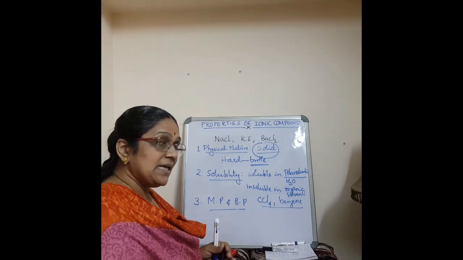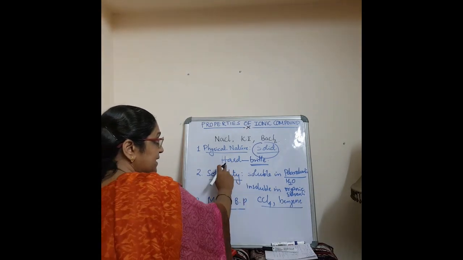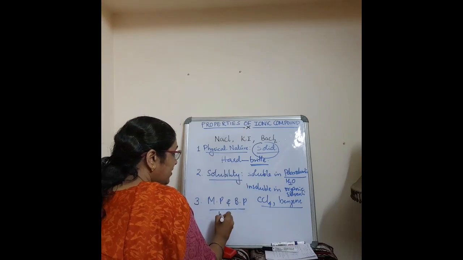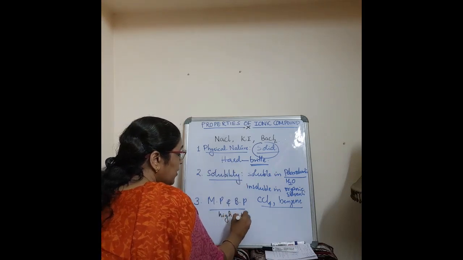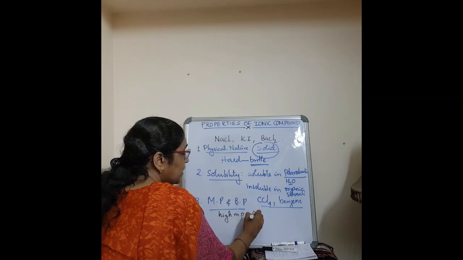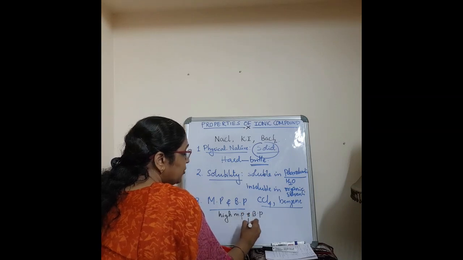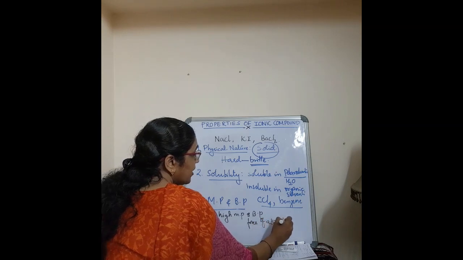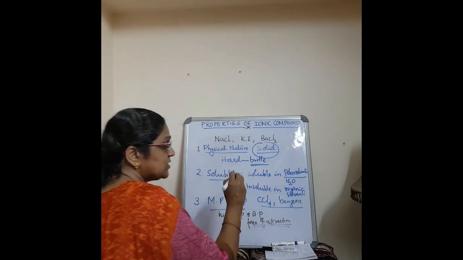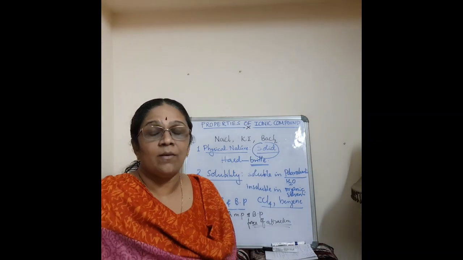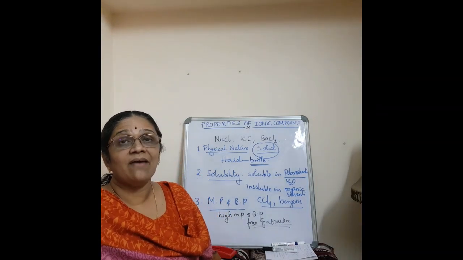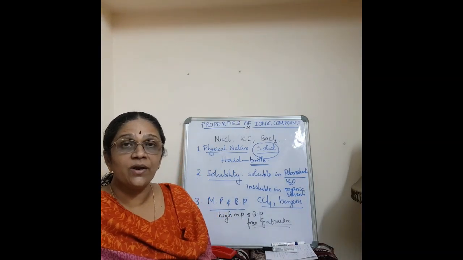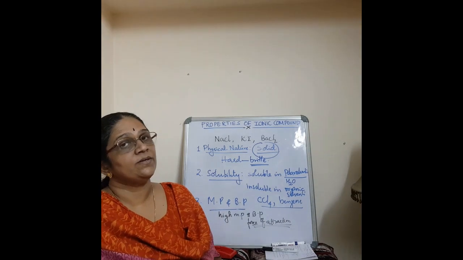Okay, so the reason is the same as where we said hard. That means they have a high melting point and boiling point. Why? Because of the high force of attraction. Due to the strong force of attraction between the molecules, they have a high melting point as well as a boiling point.